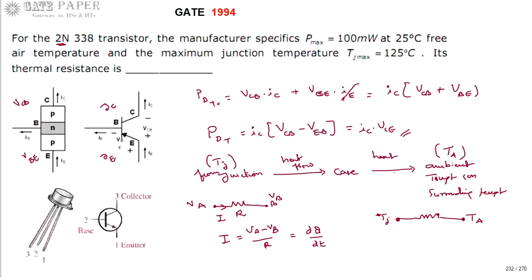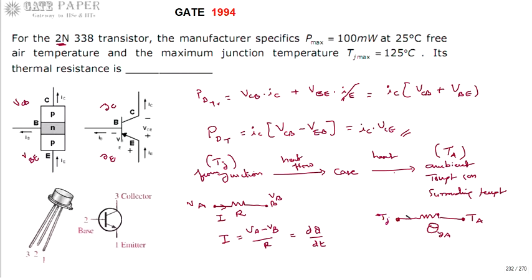The temperature difference is directly proportional to the power dissipated. This resistance is now proportional to temperature, so we call it theta: the thermal resistance between junction and ambient, theta Ja.